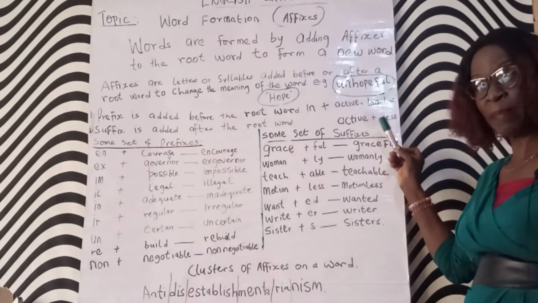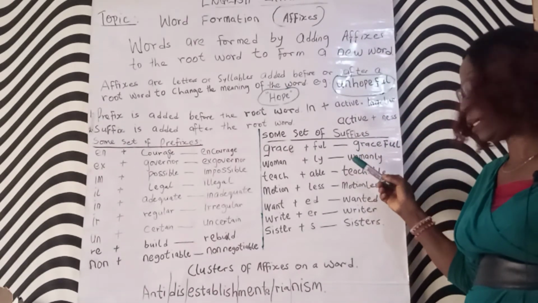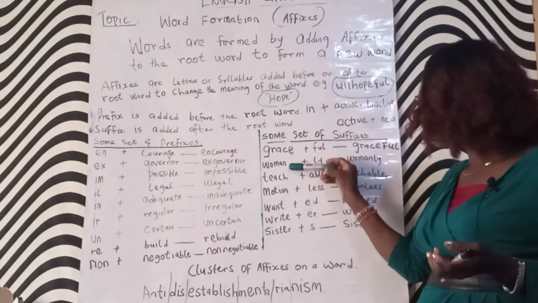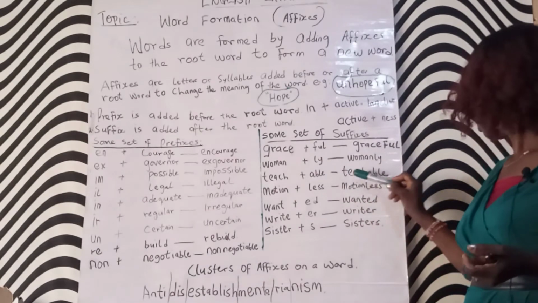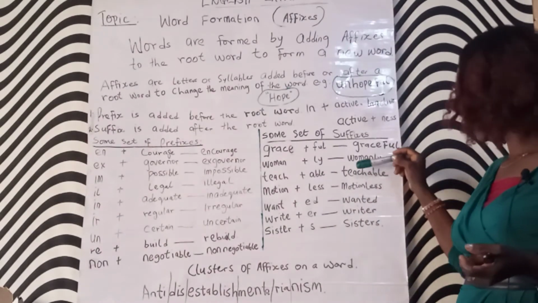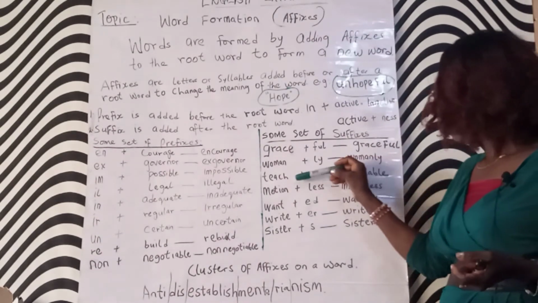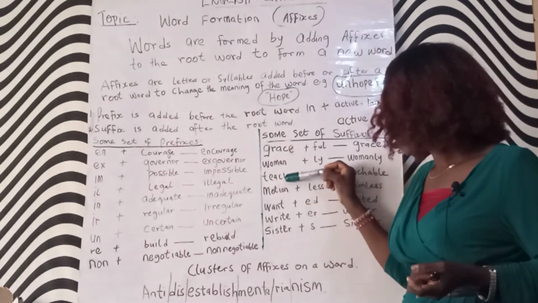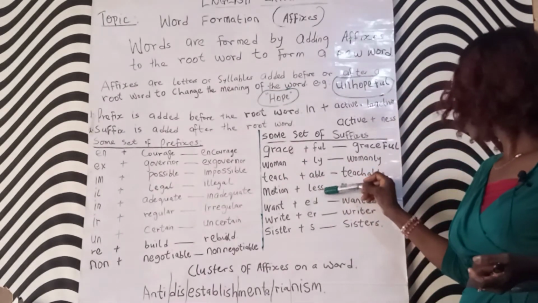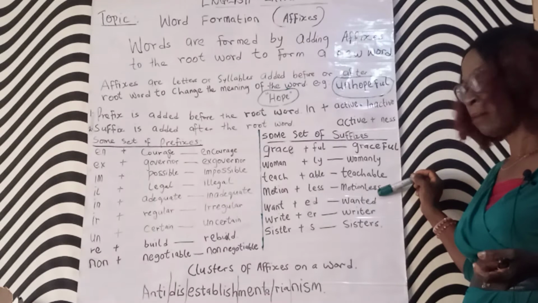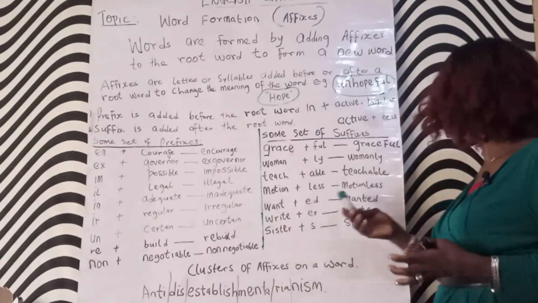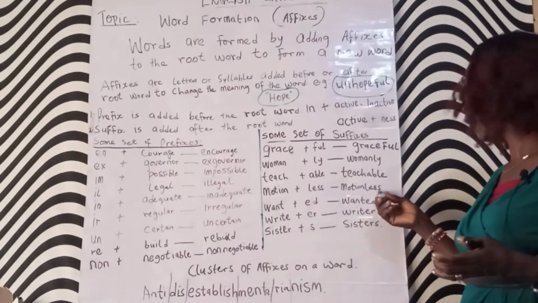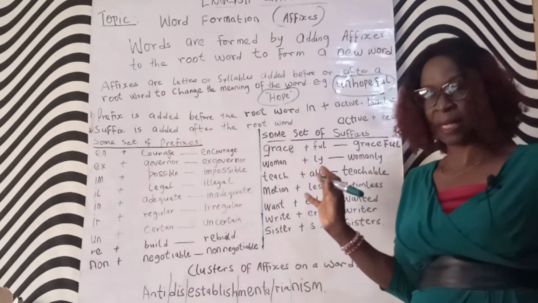She behaves womanly, or he behaves womanly. Then the root word teach. When you add able, it becomes teachable. Then this is motion. When you add less, it becomes motionless. Motion is movable. But when you add suffix to it, it becomes motionless, not moving at all.